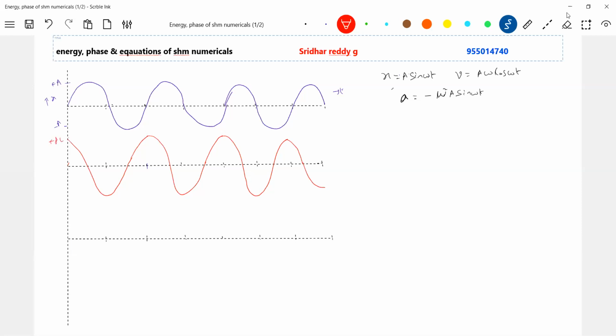This will be plus a omega and minus a omega. The acceleration should be negative, so the acceleration should be a negative sine graph.